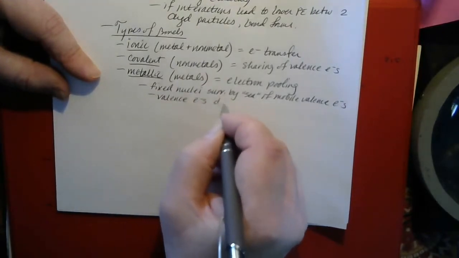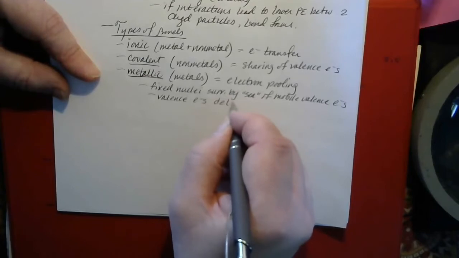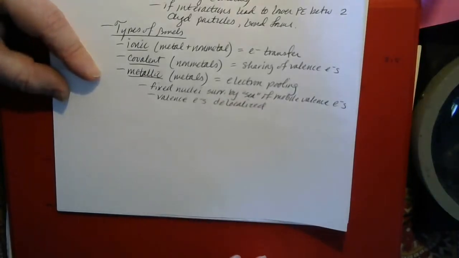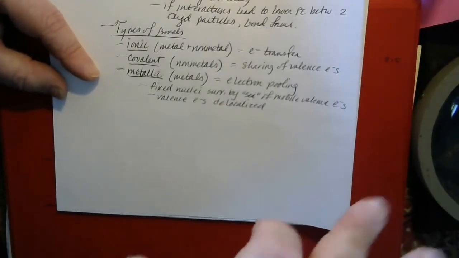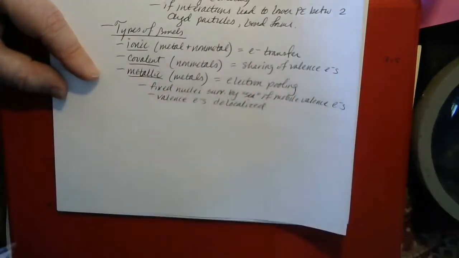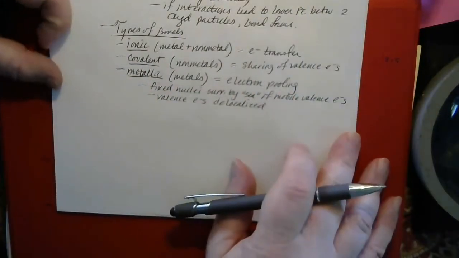And what they call this is delocalization of the valence electrons. In other words, they don't belong to any one atom in the sample of metal. They're able to move all over the place very easily.